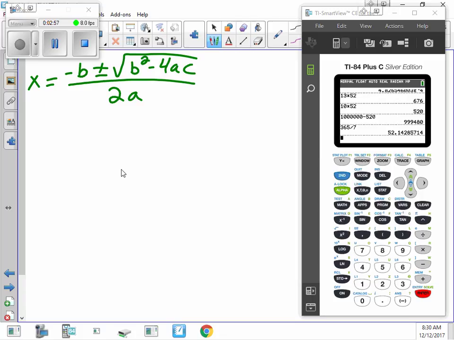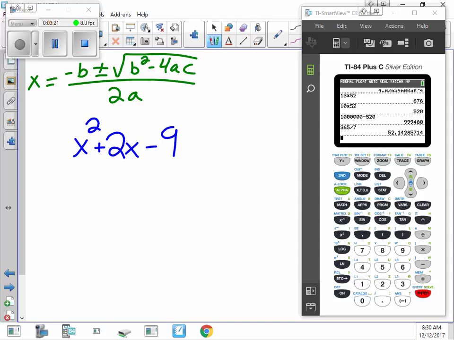If I had x squared plus 2x minus 9, is that going to factor? Are there factors of 9 that add to be 2? My only options are 1 and 3 and 9, and they don't work. Okay.